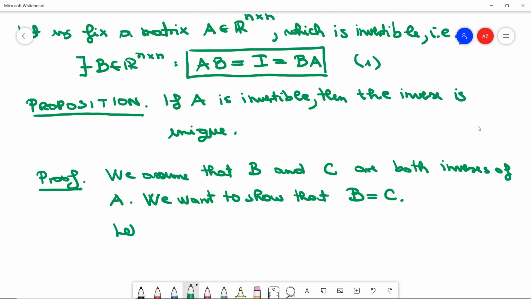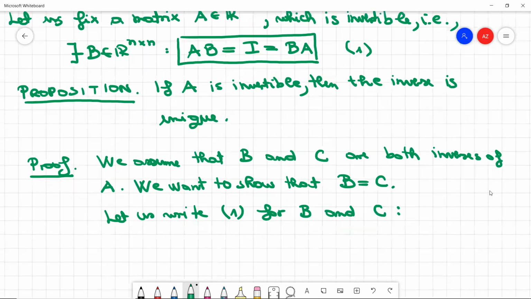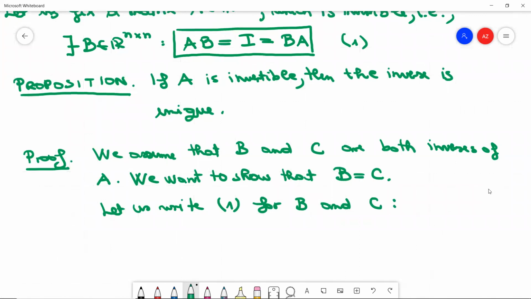So let us write one for B and C. There is no other way to start this proof. So we have to observe those two equations and try to prove that then B must be equal to C. AB equals BA equals identity, and also AC equals CA equals identity.